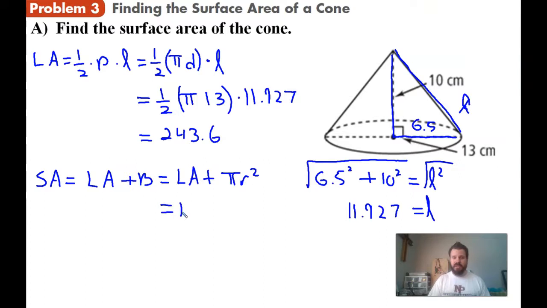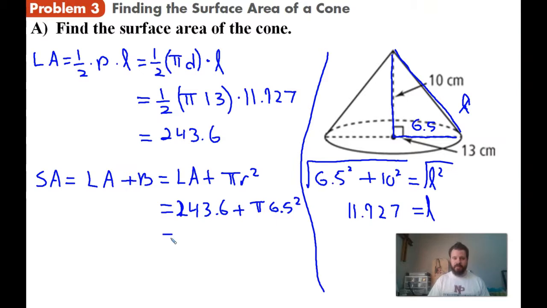So we could say the lateral area, the 243.6 we just found, plus pi, I'm just going to divide this off here, times the radius 6.5 squared. Which when I just plug this all straight into my calculator, again, not in terms of pi, multiply the pi through, we get a 376.3 centimeters squared, we could say.